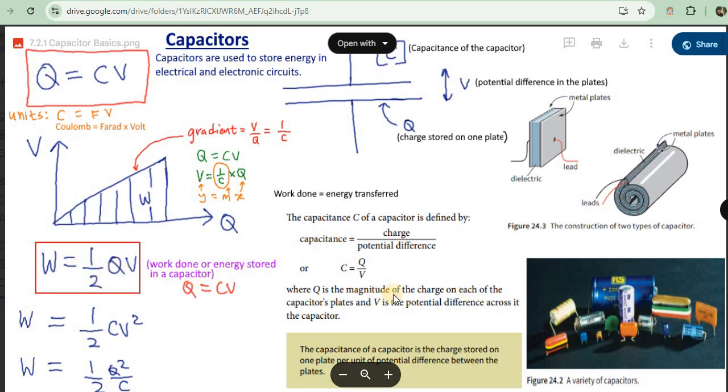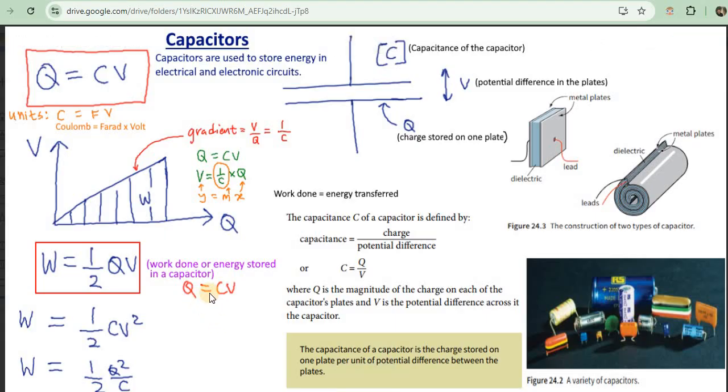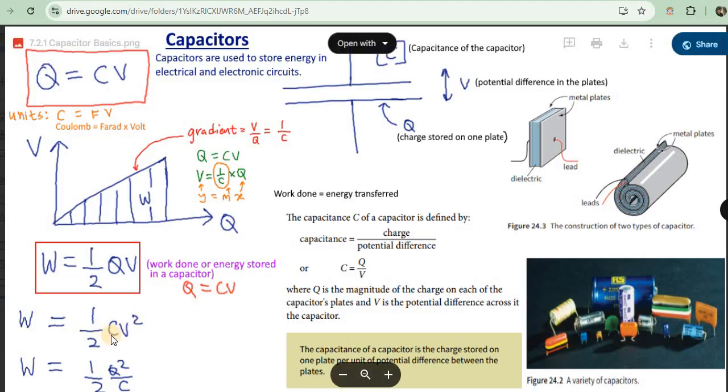Now for this we can also substitute using this equation. If I substitute for Q, from this equation Q equals CV, if you substitute CV for Q, you get half CV times V, which is half CV squared. So here we have another, second equation.